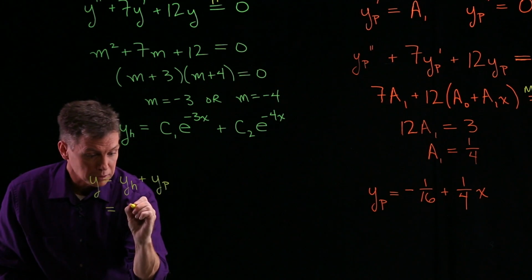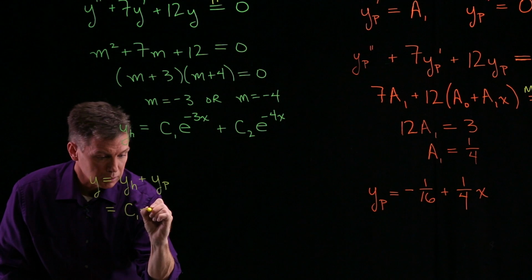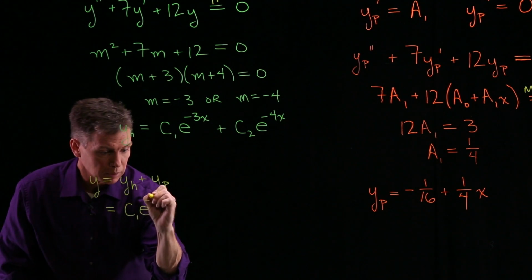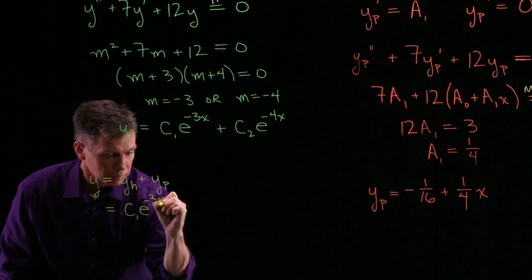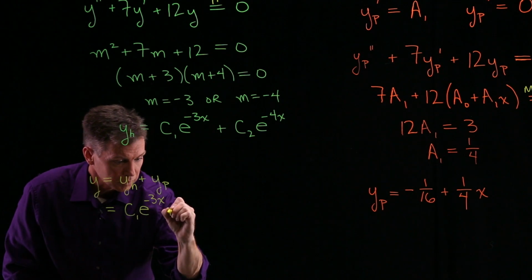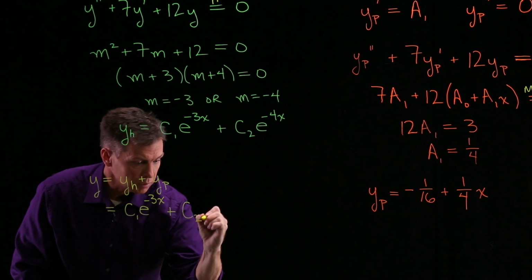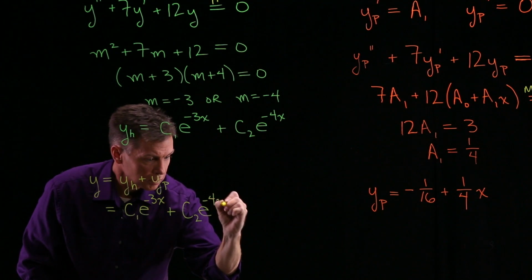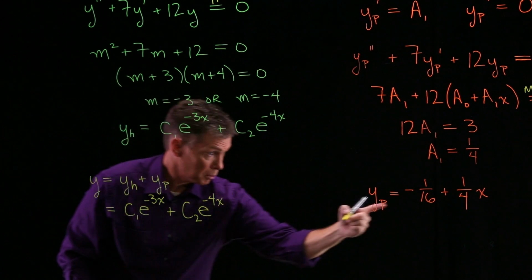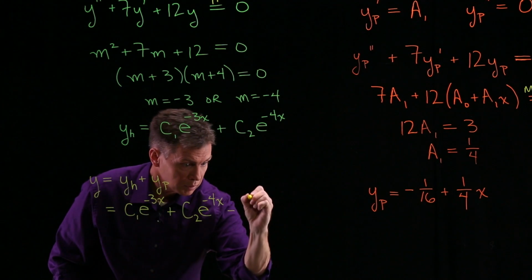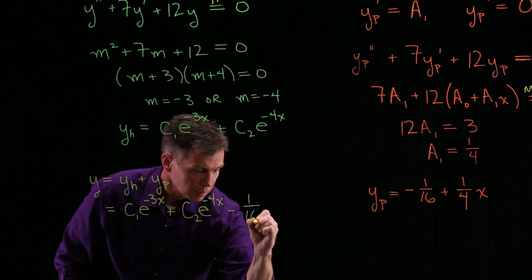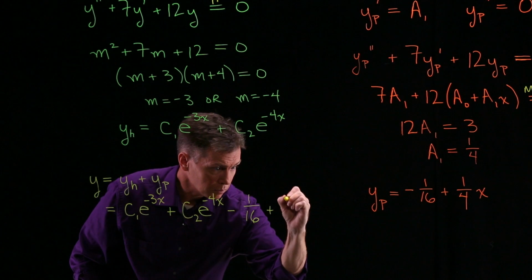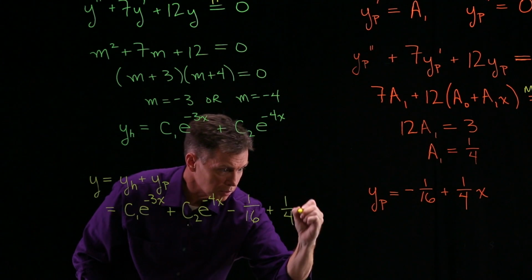Y homogeneous is c sub 1 e raised to the minus 3x plus c sub 2 e raised to the minus 4x, and then minus 1/16 plus 1/4 x.